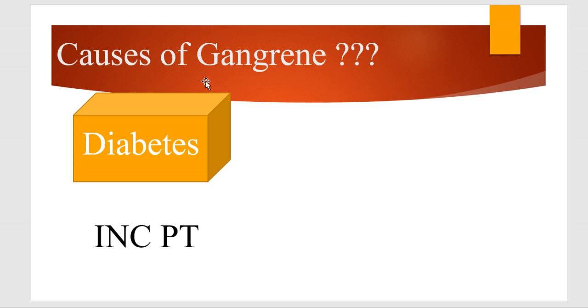And what are the other causes of gangrene? To remember this, you just remember diabetes first. So this is one of the important causes, diabetes. Then, as you know, a person who is suffering from diabetes, the infections are more common. Then in the long run, neurological complications are more common.